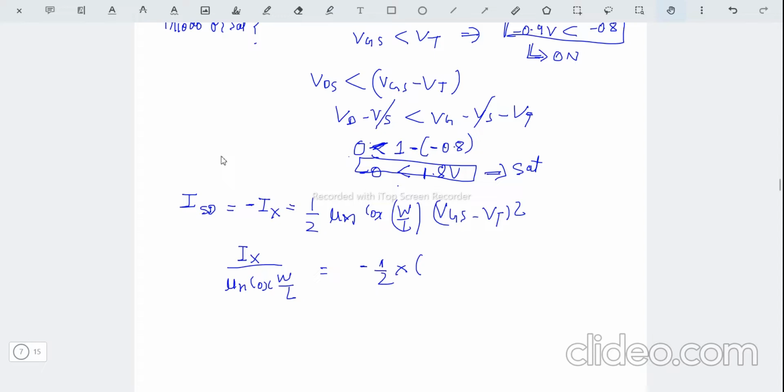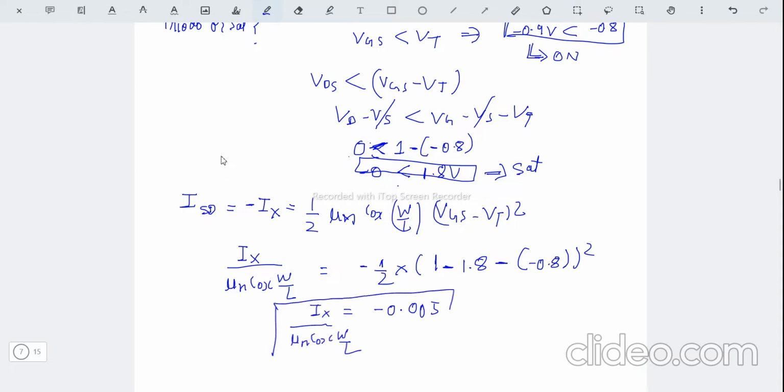We just obtained VGS minus VT: VG is at plus 1 volt, whereas source is at 1.8 volts, and the threshold is minus 0.8 volts, squared. So this would come around minus 0.005. So the normalized value of Ix is minus 0.005.